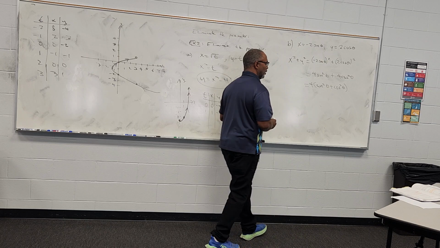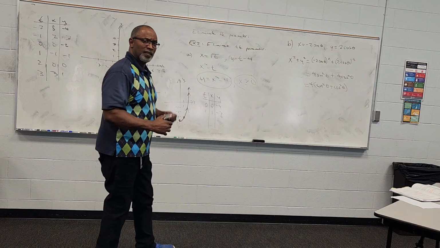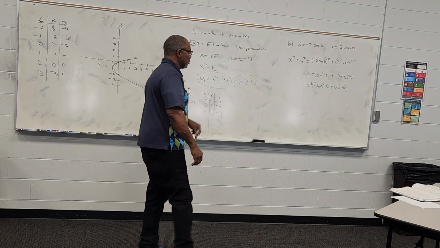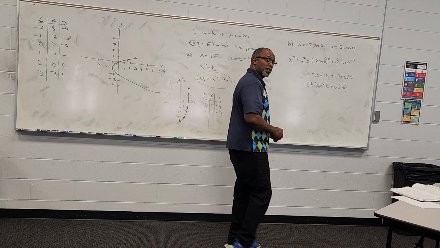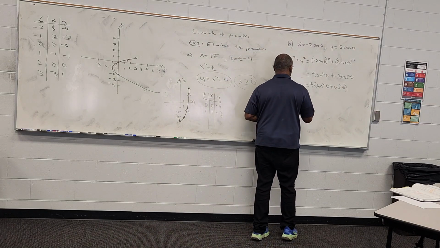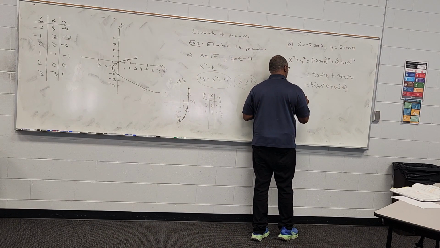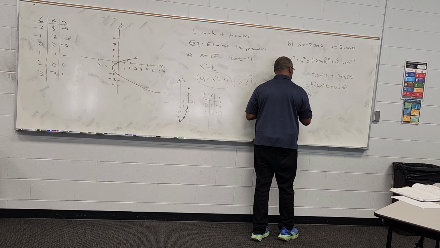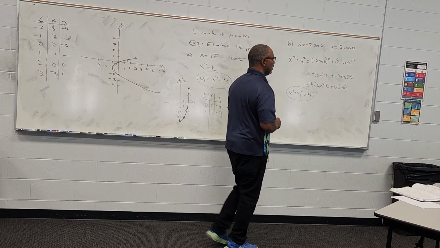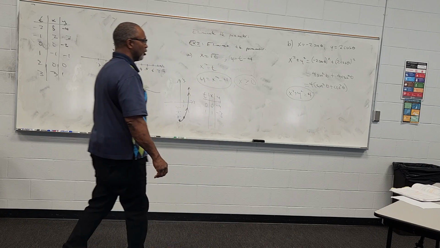Pull out the 4, you get that. That should look familiar. That's one of those Pythagorean identities. The sine squared theta plus the cosine squared theta is 1. So x squared plus y squared equals 4. That would be the corresponding rectangular equation.